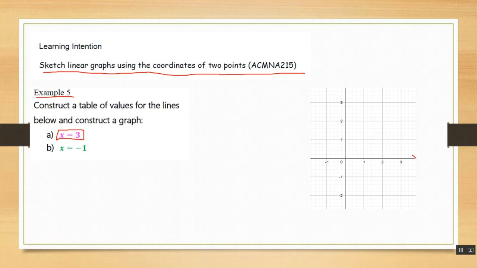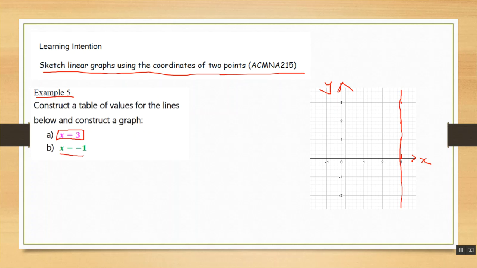So x, which is this part of the graph, this axis, and y is up here. So if x equals 3, we get a point there. X equals 3, x equals 3, x equals 3. So we actually get a vertical line going through here.